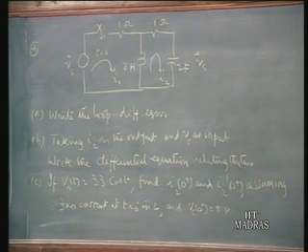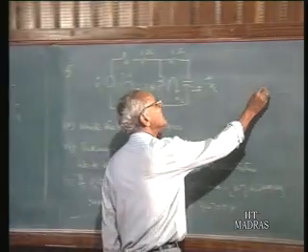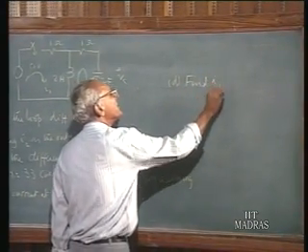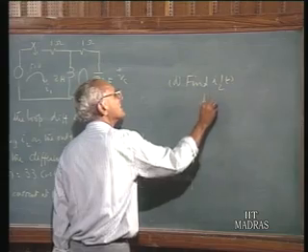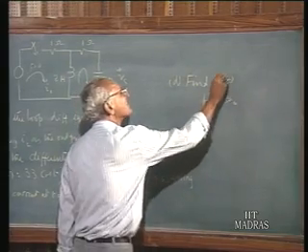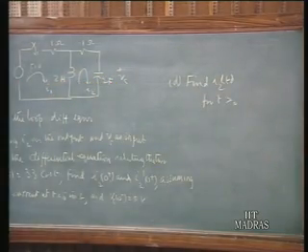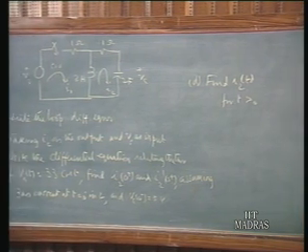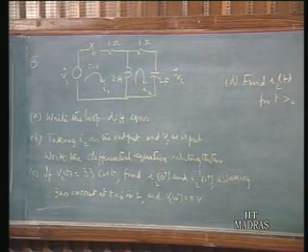And using this information, initial conditions, D, find I2(t) for t greater than 0. So that means this is an exercise in the use of a differential equation approach. You have to find the initial conditions and finally find the total solution for I2 of t.